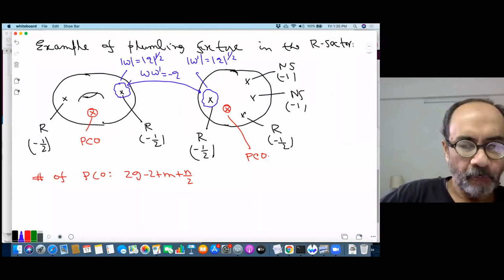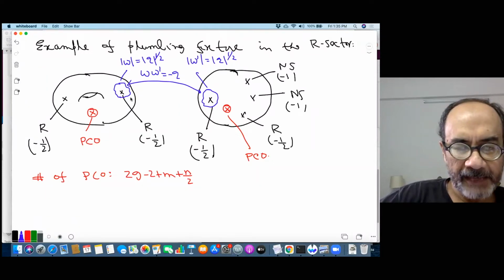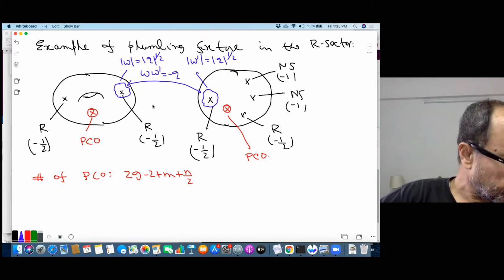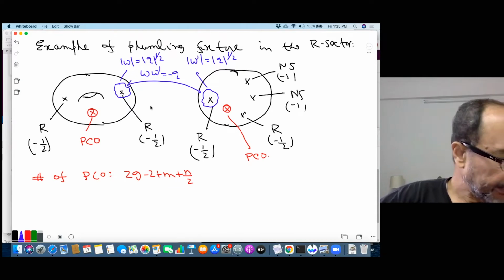And from what I told you last time, you have to also insert an integrated picture changing operator. Let me write that down.